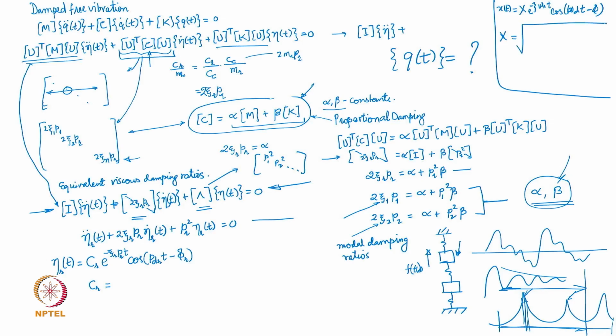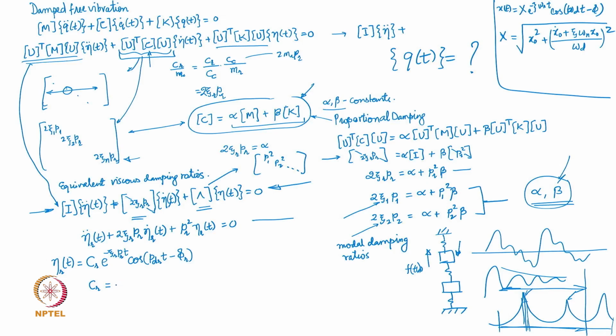Square root of x naught square plus x naught dot plus zeta omega n x naught over omega d. That is what the amplitude expression was. You may not recollect because this is quite a longish expression as such.